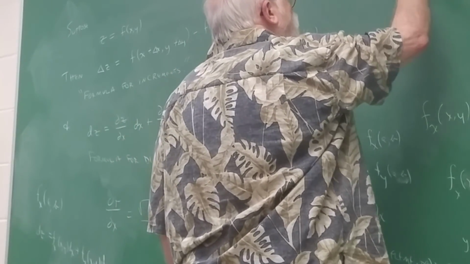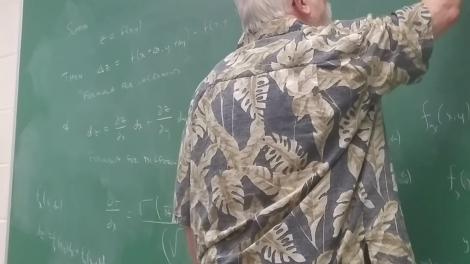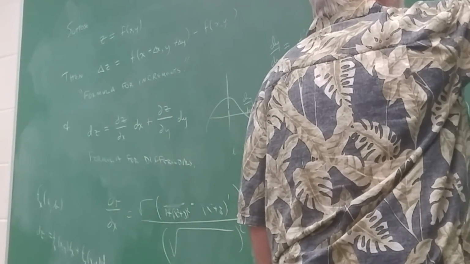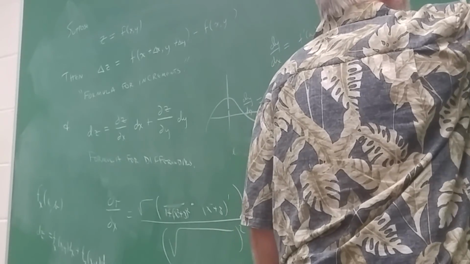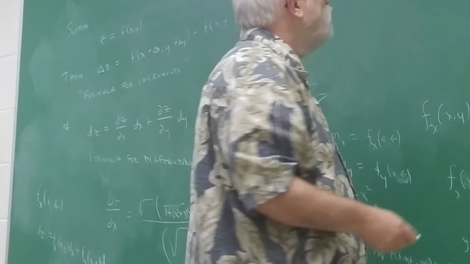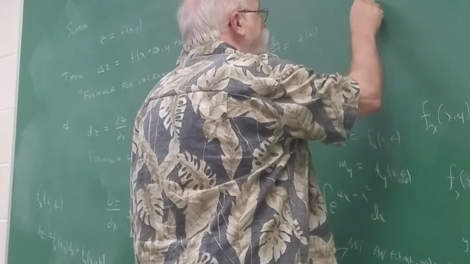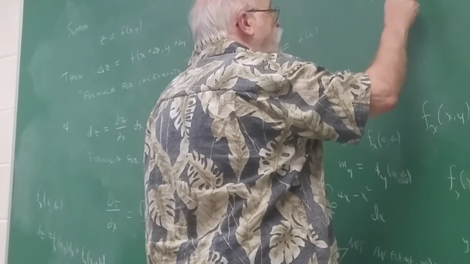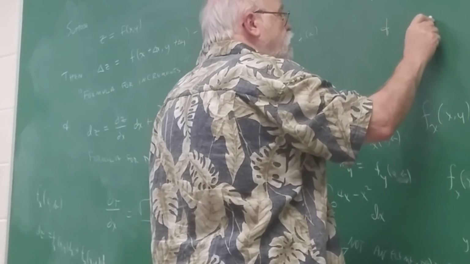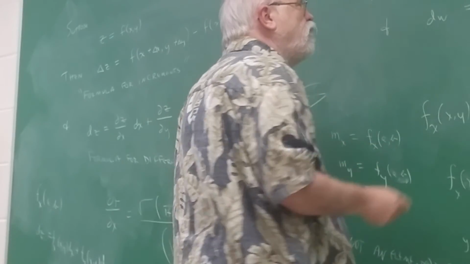If w equals g of t, theta, u. Oh, let's just go ahead and have one of my ordinary variables with it, y. If this is the case, then two things. Delta w equals something, and dw equals something.